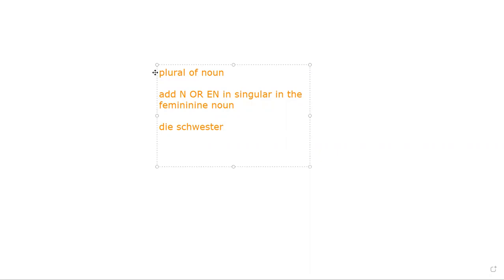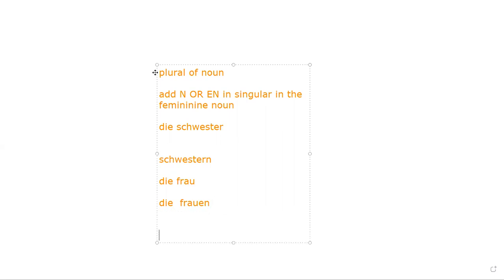If I will say sisters, we can add n, so it will be a plural. Schwestern. Team, is it clear to you? If we have die Frau, Frau we have lady. If I will say die Frauen, we have to add en, that will be my plural.